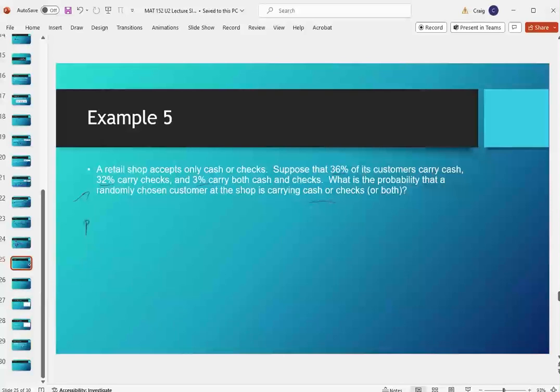If we want to find A or B, cash or check, whether they're carrying cash or whether they're carrying checks, the probability of A or B, again, just write in the formula because it helps to remember that part at the end. The probability of A, the probability that they carry cash, is 36%, or 36 out of 100. And I guess we could write it as percentages too. Let's just do that.